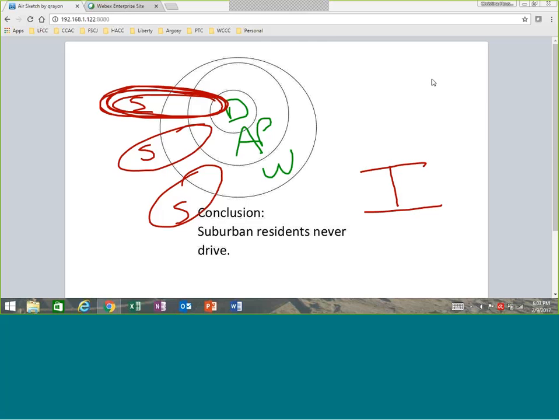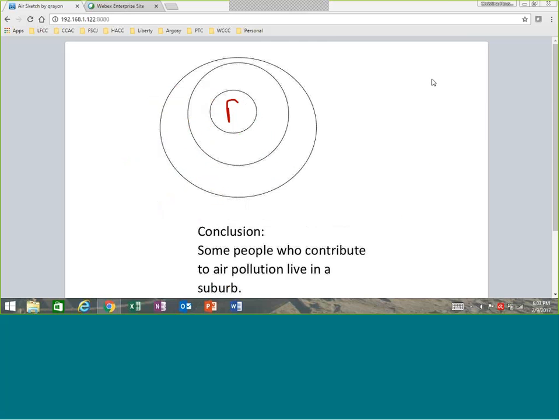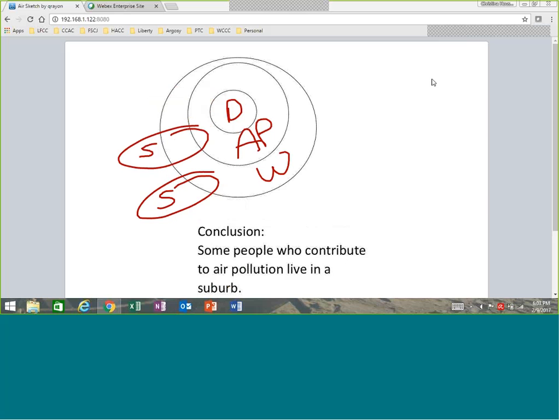All right, let's see here. Drive, air pollution, makes life worse. Suburb, suburb, suburb. I know it's a pain to have to redraw, but it's the way it worked out. Some people who contribute to air pollution live in a suburb.